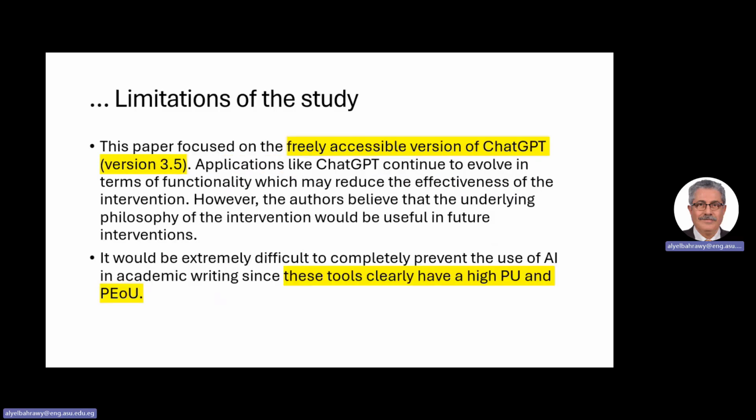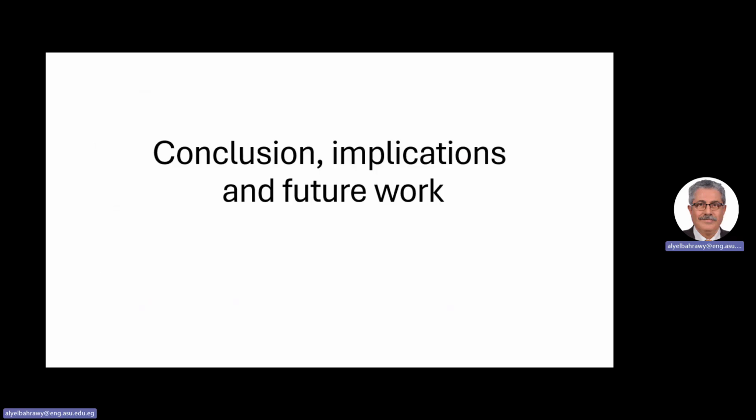The paper focused on the freely accessible version of ChatGPT version 3.5, and it would be extremely difficult to completely prevent the use of AI in academic writing, since these tools clearly have a high PU and high PEOU.